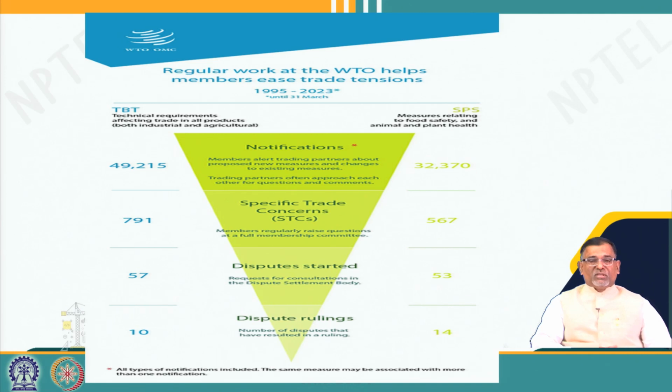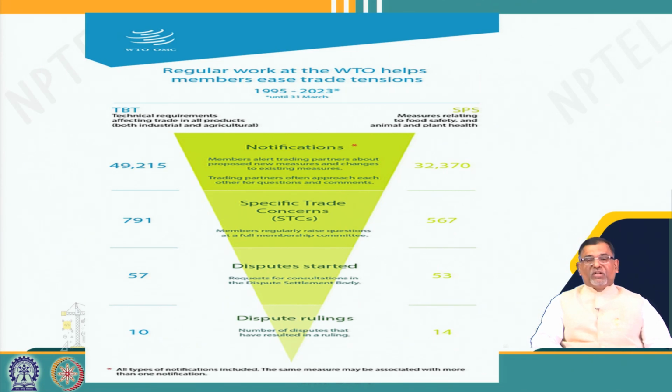The TBT trade concerns are also 791, and 57 disputes came, but you can see that most of the disputes are settled through negotiations and consultations. Only 10 disputes came to the WTO panel and appellate body.